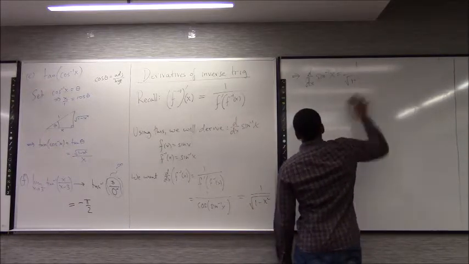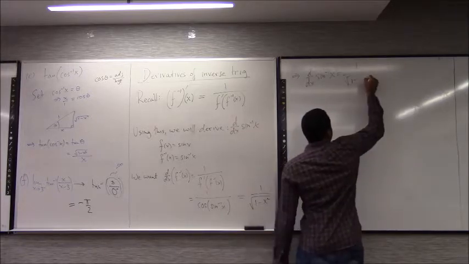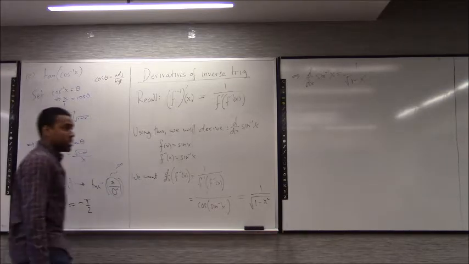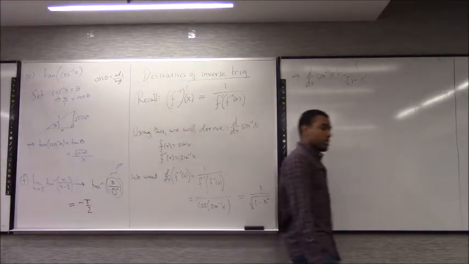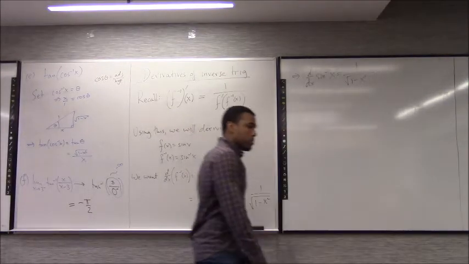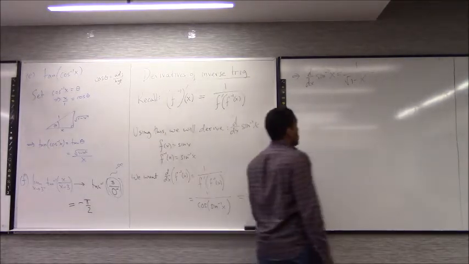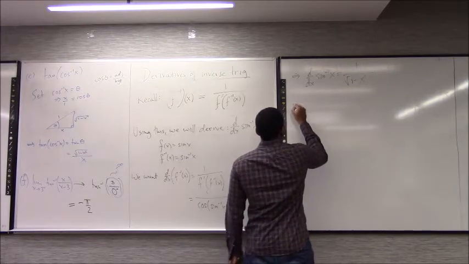Which is a strange answer, probably. So the derivative of an inverse trig function is not a trig function at all. It's kind of this very weird radical function. But yeah, of course, by the chain rule.